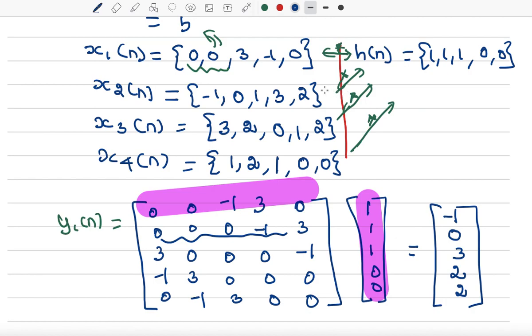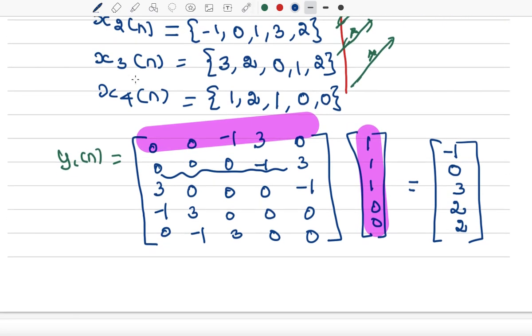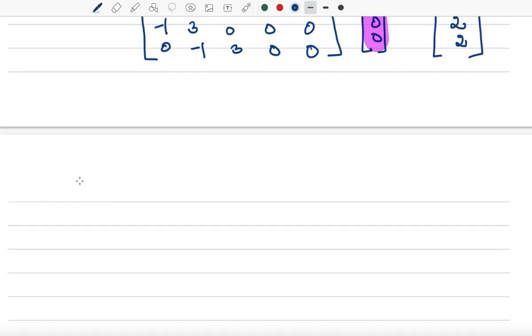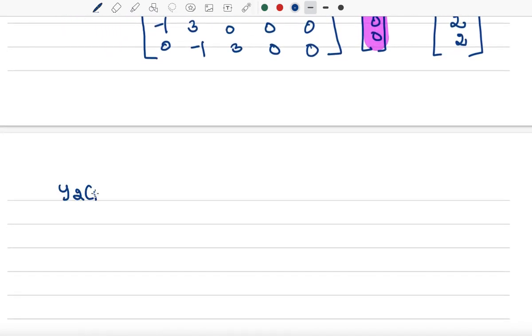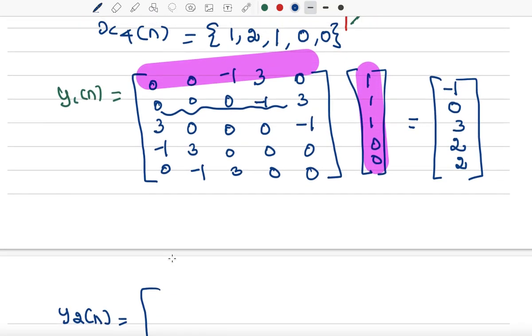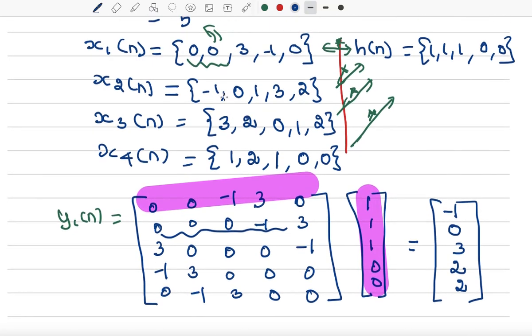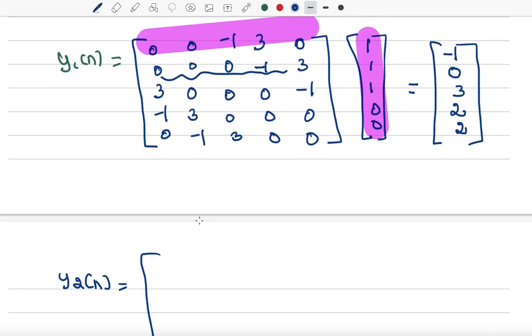Okay, similarly, we can perform the circular convolution between x2 of n and h of n, x3 of n and h of n, and x4 of n and h of n. Now we want to find y2 of n. How will you perform y2 of n? We are considering the second sequence, minus 1, 0, 1, 3, 2.